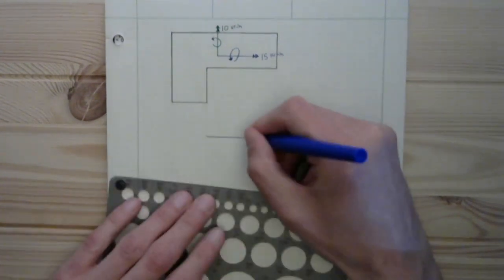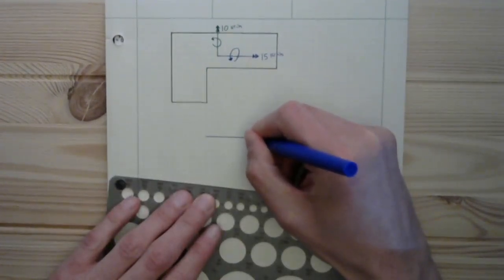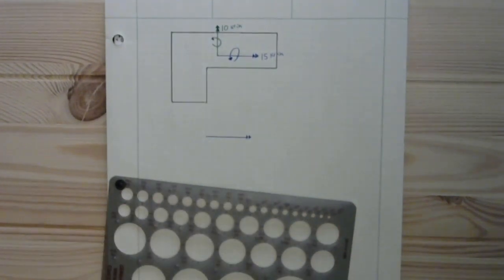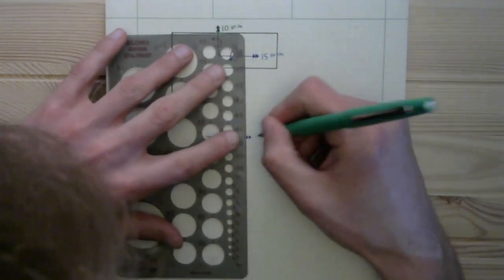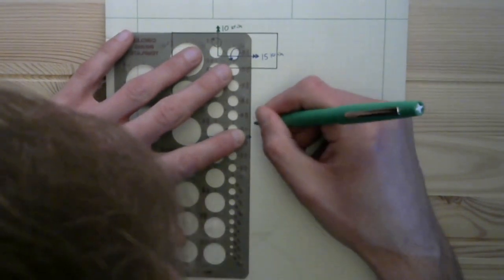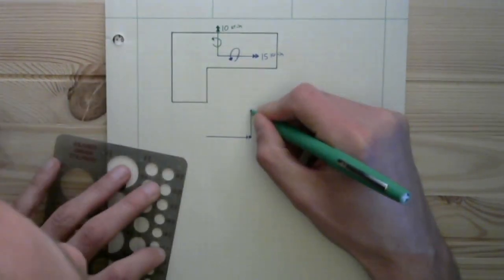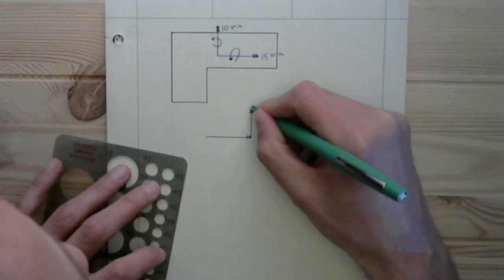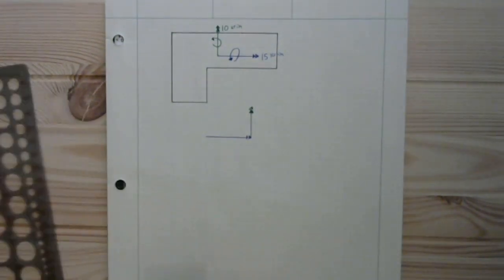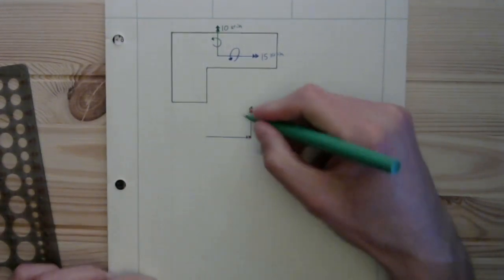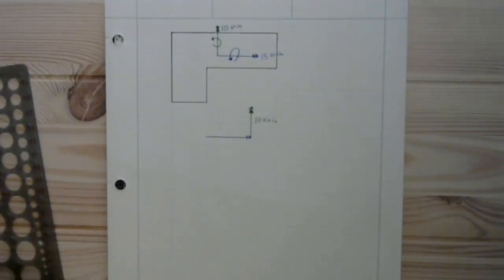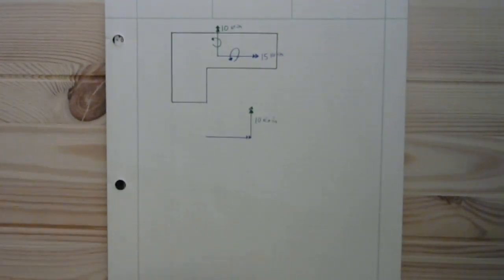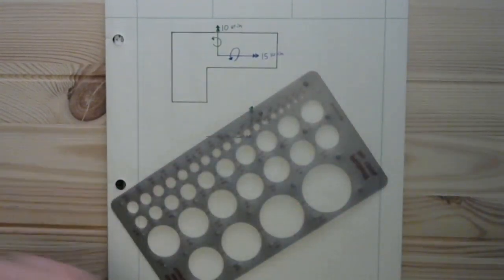And we've got 15 in the z direction, and we've got 10 in the y direction, which is going to give us a resultant in this direction.